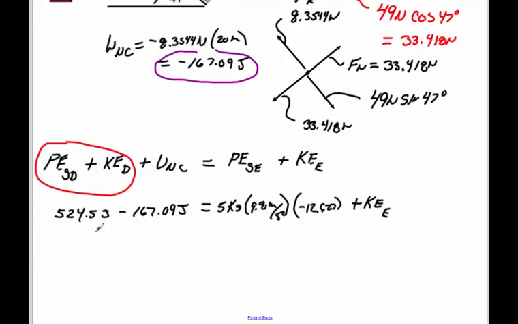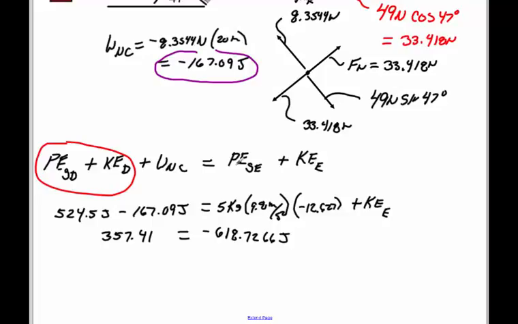Alright, we'll do the math on the left side. I will take 524.5. I will subtract 167.09. That's going to give me a value of 357.41 joules is equal to, and this is the gravitational potential on the right, 5 times 9.8 times negative 12.627, which gives me a value of negative 618.7266 roughly joules.